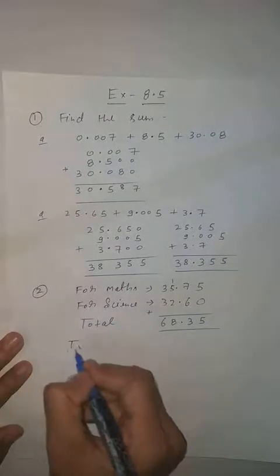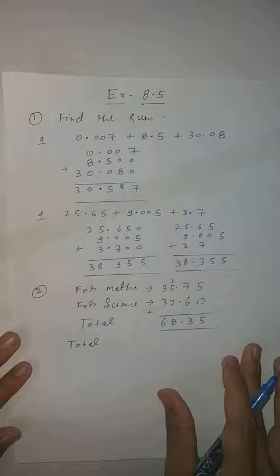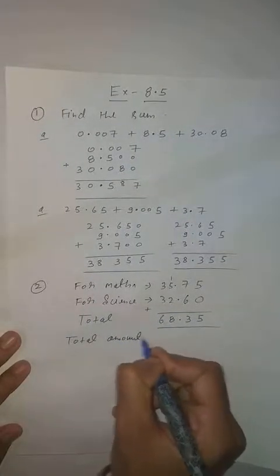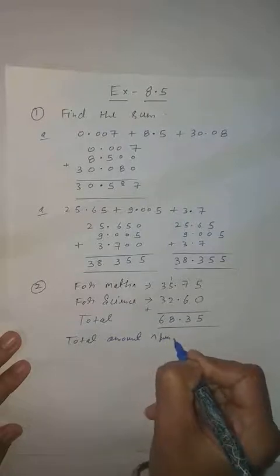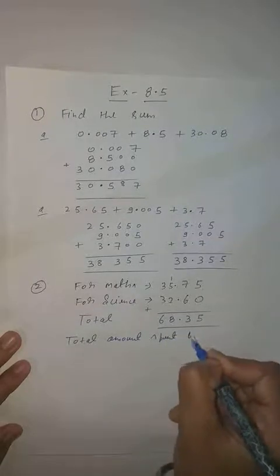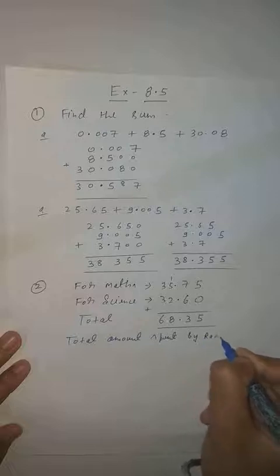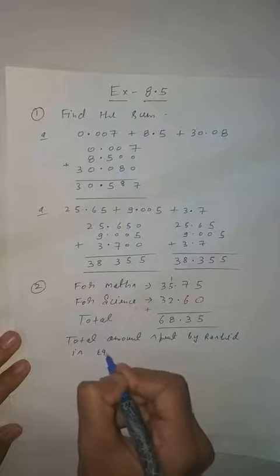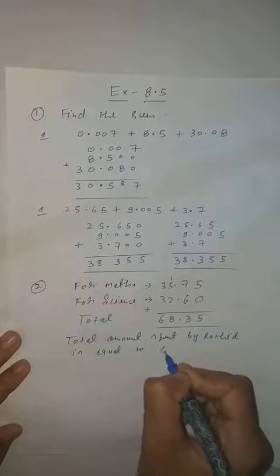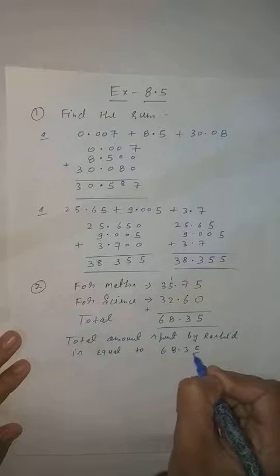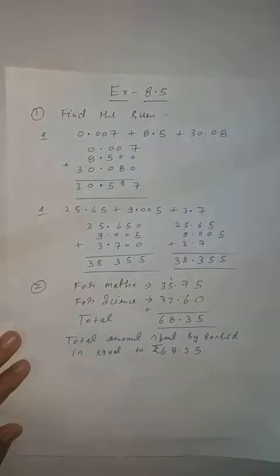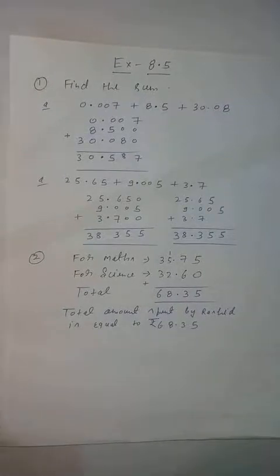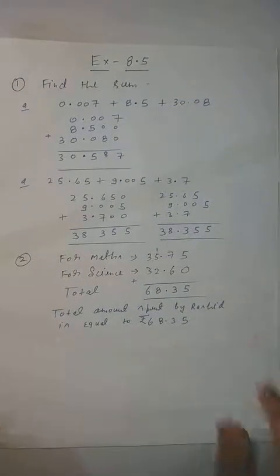Total amount spent by Rashid is equal to 68.35 rupees. Clear student? In this question you have to find out the total. So here you have to find the total. Clear? Now come to the next question.